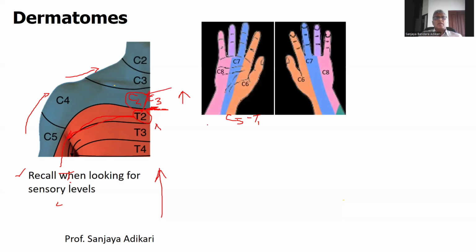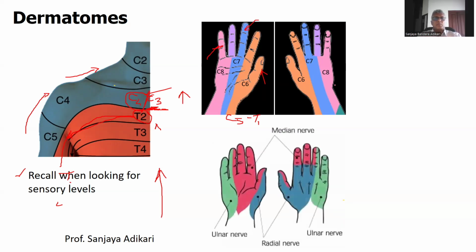Then the other important thing is when it comes to the hands, you need to remember two things. One thing is the dermatomes. The easy way out is to remember thumb C6, then the little finger C8, and the middle finger is C7. And if you overlap this with the nerve supply, the first one is dermatomal supply, the second one is nerve supply.